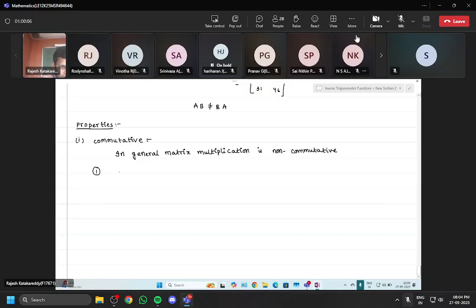Situation one. Let A = Aij, M by P, and B = Bij, P by N. It is clearly mentioned in the problem that M is not equal to N. In this case, AB = Cij, order M by N, but BA is not defined.